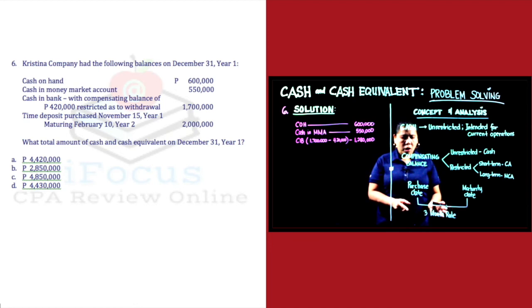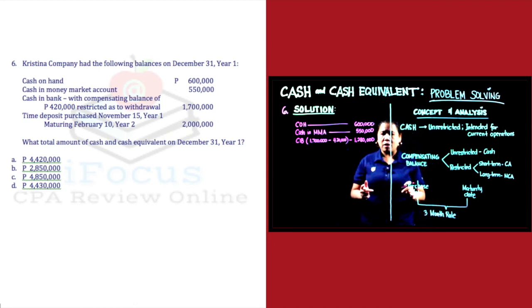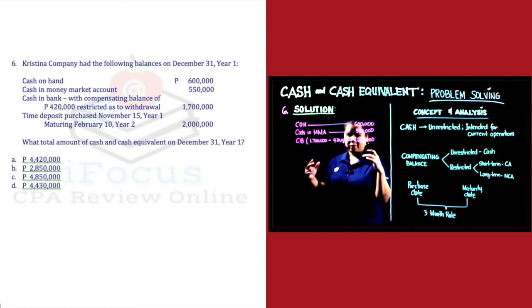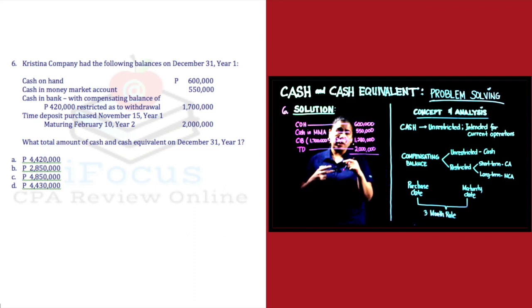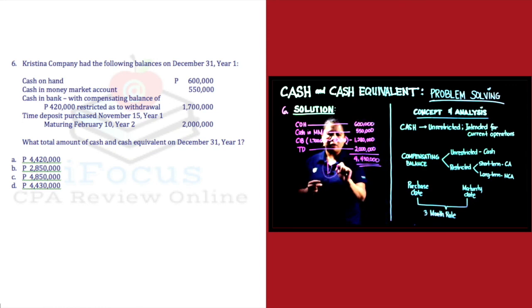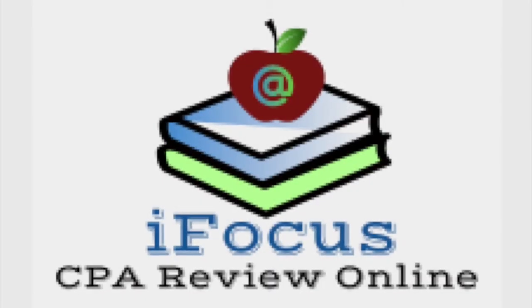Okay? So, kapag pasok siya sa 3-month rule, we consider that as a cash equivalent. So, itong time deposit na pinurchase nila ng November 15 at magmamature siya ng February 10, pasok yan sa 3-month rule. So, kasama yan sa ating total cash and cash equivalent. Alright? So, ang total cash and cash equivalent natin ay 4 million. The answer is letter D.